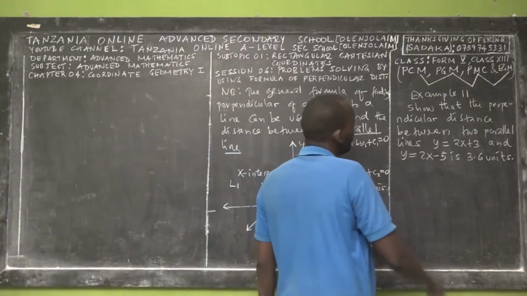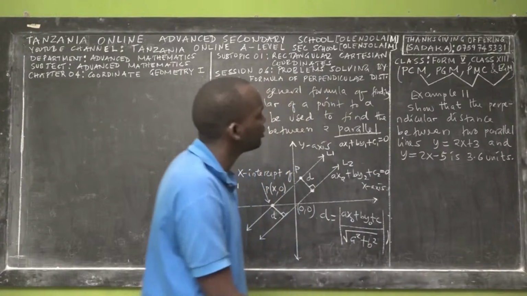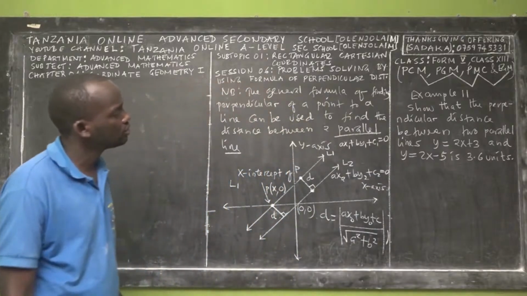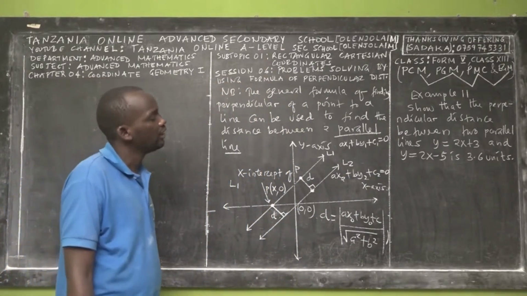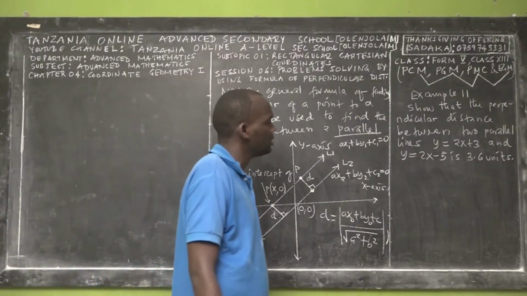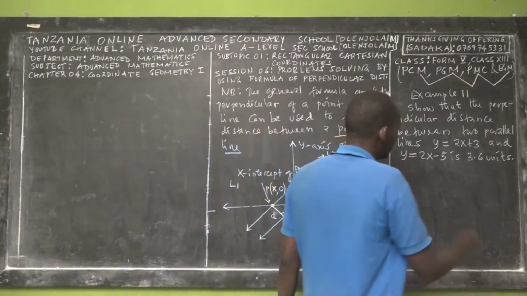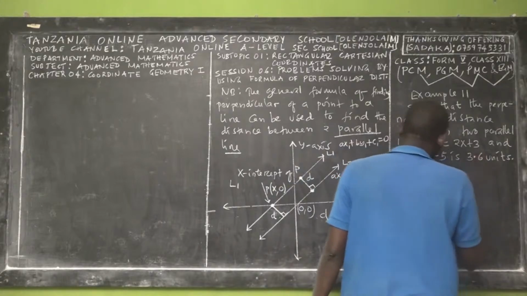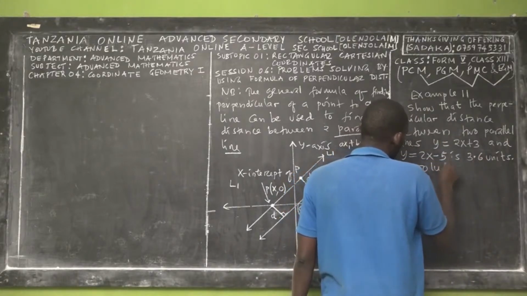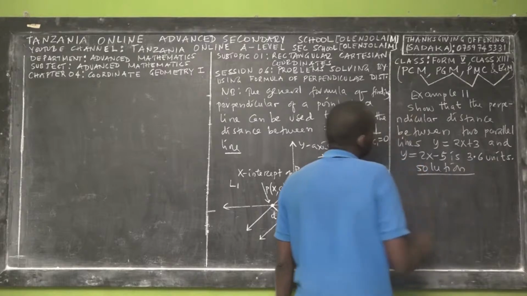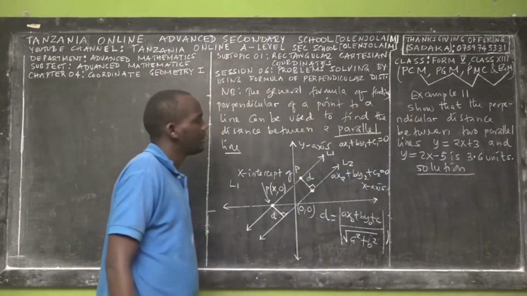Okay, so show that the perpendicular distance between two parallel lines, y is equal to 2x plus 3, and y is equal to 2x minus 5, is 8.6 units. So, solution. We have to show that.